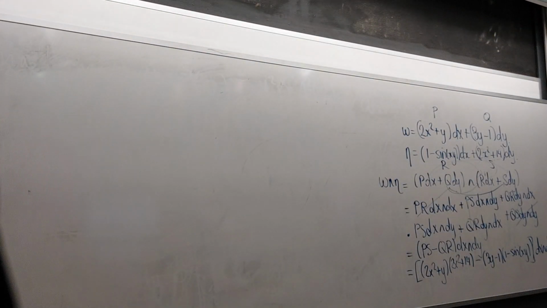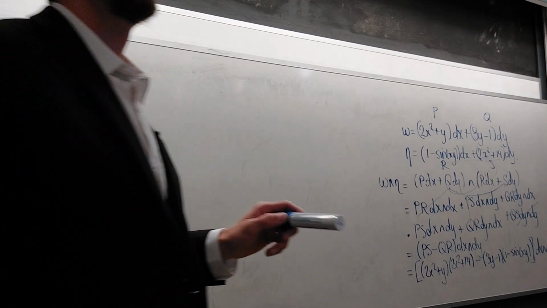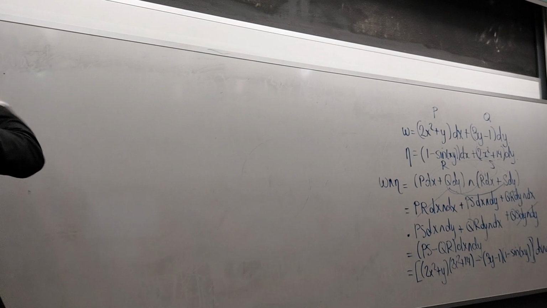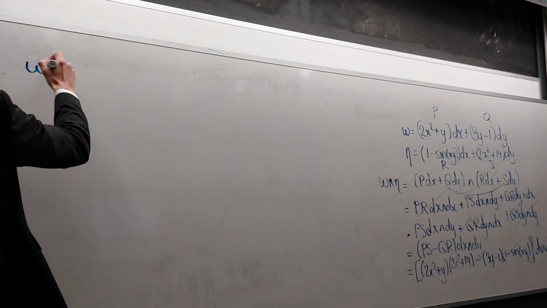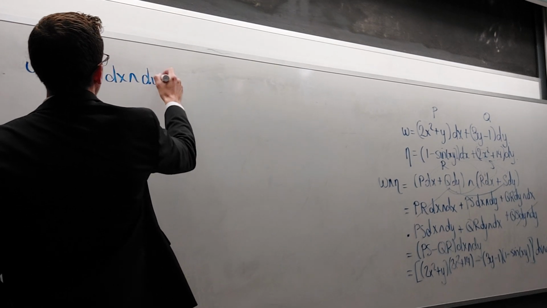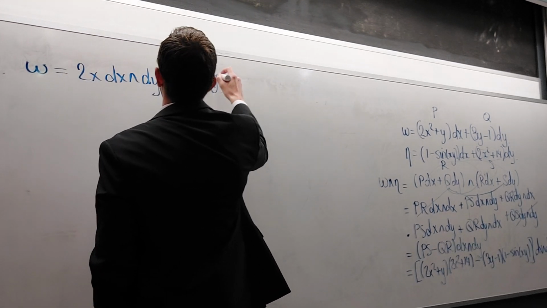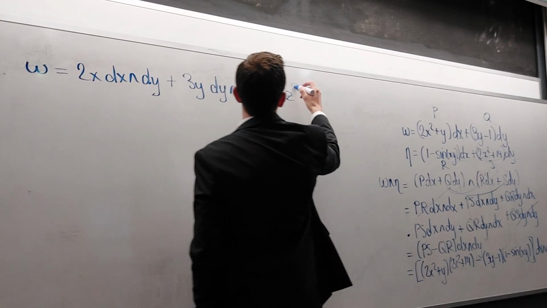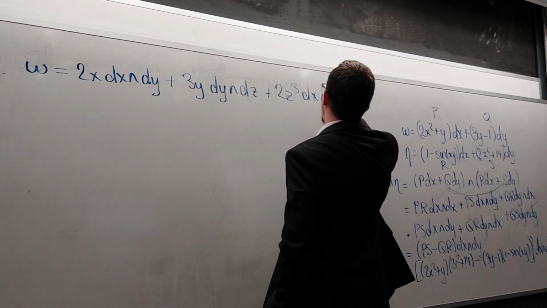Let me say that just as a one form was something with dx's and dy's, a two form is something with dx wedge dy. So maybe I'll also include the following example, which is, let's say, omega equals 2x dx wedge dy plus 3y dy wedge dz plus 2z cubed dx wedge dz.